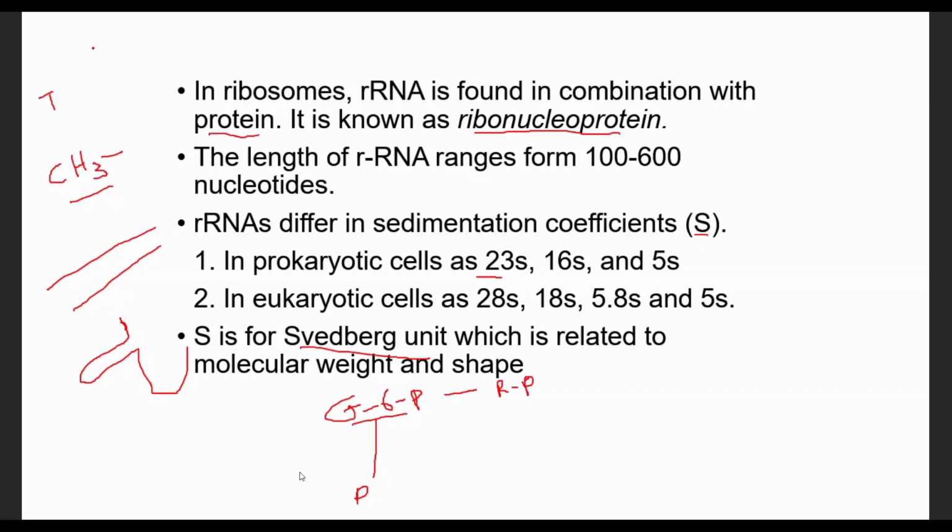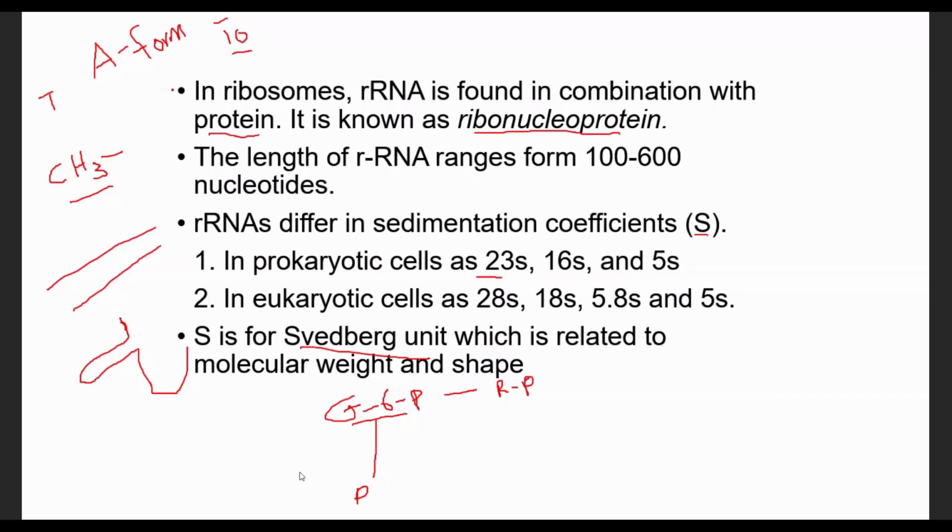There are three forms of DNA. The B form is the most stable one at physiological condition. It contains 10 nucleotides per one helical turn.